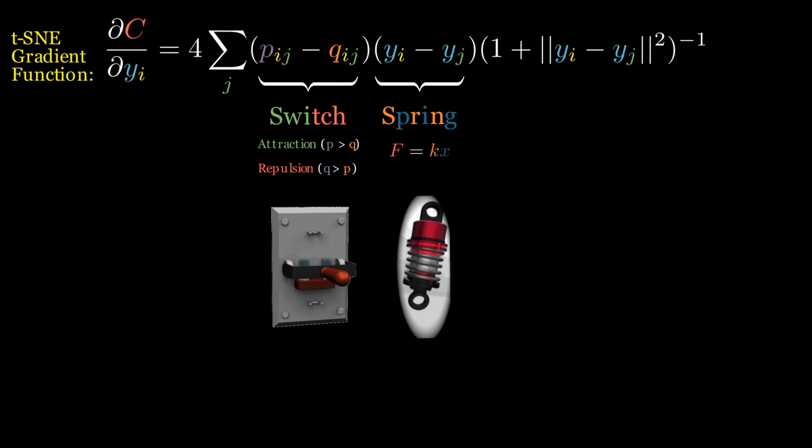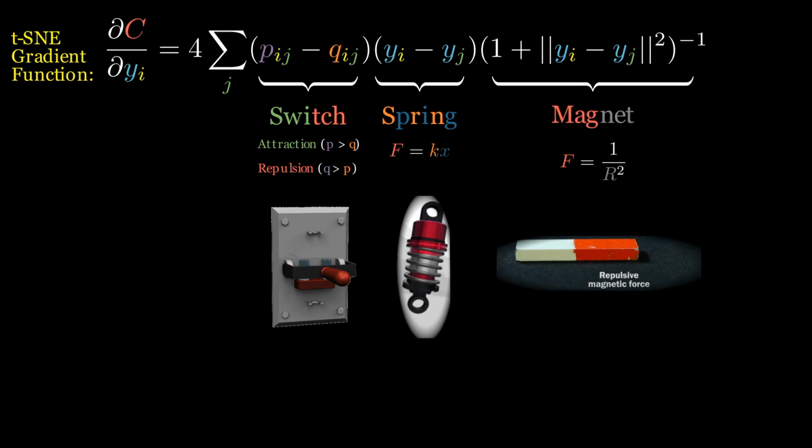A spring exerts a force proportional to how much the spring is displaced from its equilibrium. This force can be either attractive or repulsive. The third component is a magnet. This has a force proportional to the inverse square of the distance. It can also be attractive or repulsive depending on the polarity of the magnets.